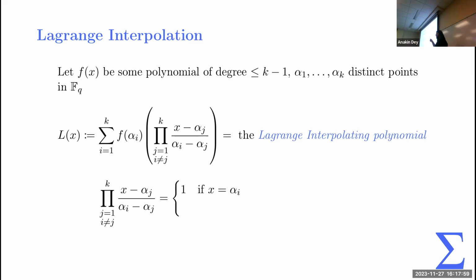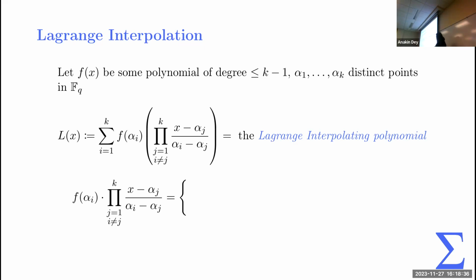Alpha L is not equal to alpha I, that's the other case. So it's going to appear somewhere in this, it's going to be one of the alpha sub j that we enumerate through. Eventually we're going to get alpha sub L minus alpha sub L in the numerator, so we're going to get a 0. A product of a bunch of things times 0 is just going to be 0. So this is either going to be 1 or 0, depending on which alpha we choose.